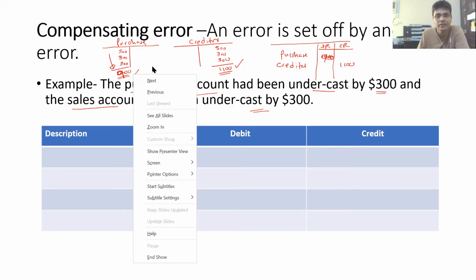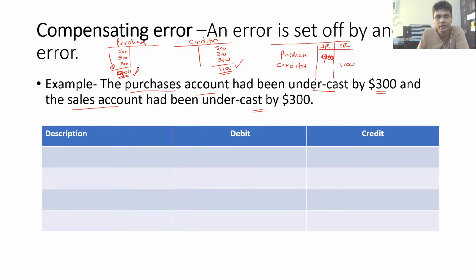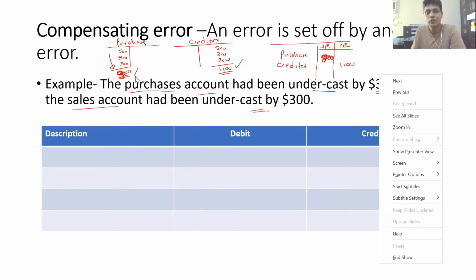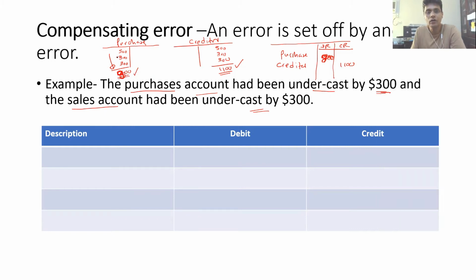You got it? It's undercast by how much? Sorry, it's not 800, right? Sorry, yeah, it should be 800. Okay, so undercast by 300. Is that clear? Because when you take the total of purchases account to transfer it to your trial balance, you need to take the total, no?